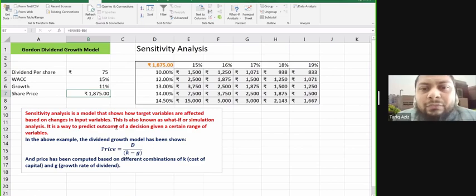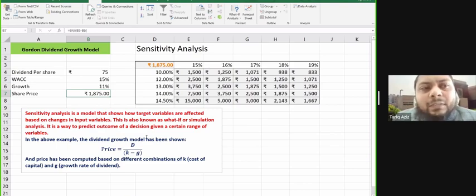This is also known as what if analysis or simulation analysis. It is a way to predict the outcome of a decision given a certain range of variables.